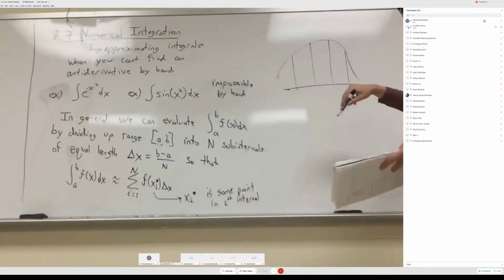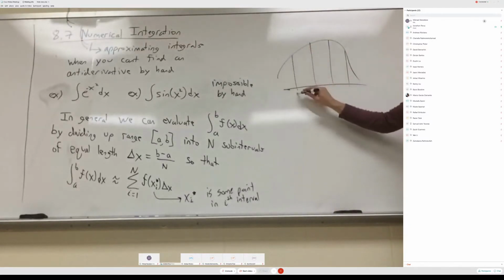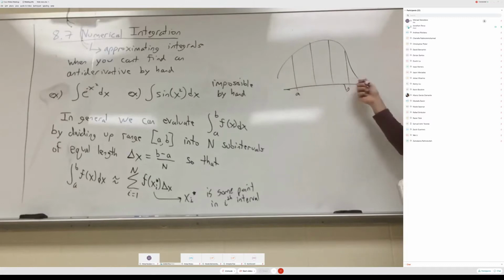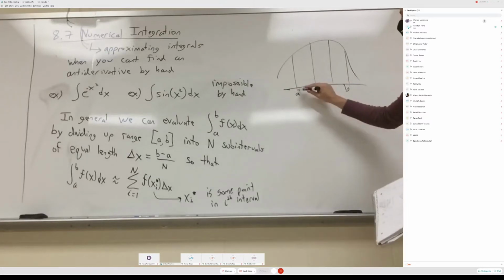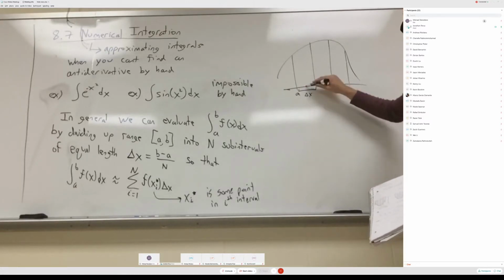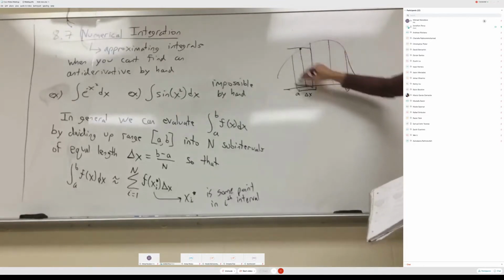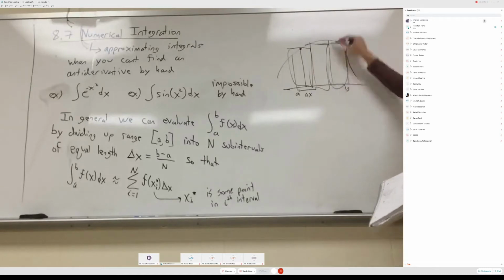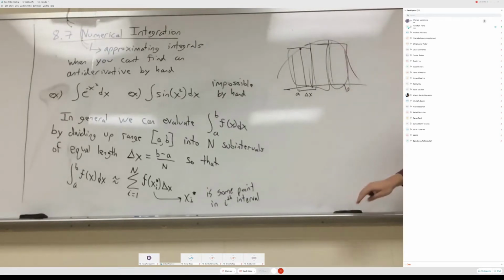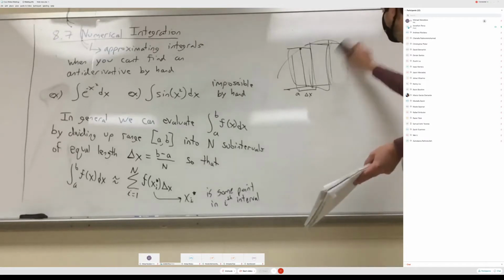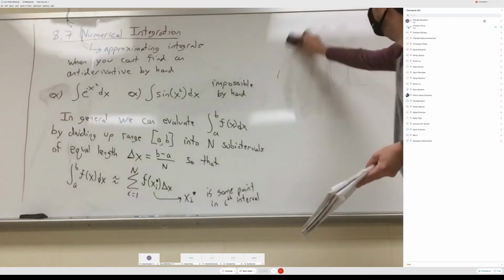If I wanted to find the area from a to b, I'm going to divide it up into a couple different things, and I'll take each width times the height somewhere in that interval, and kind of multiply it across to say, let me add up the area of those boxes or something like that. And that's about the area under the curve. That's the basic idea of numerical integration.